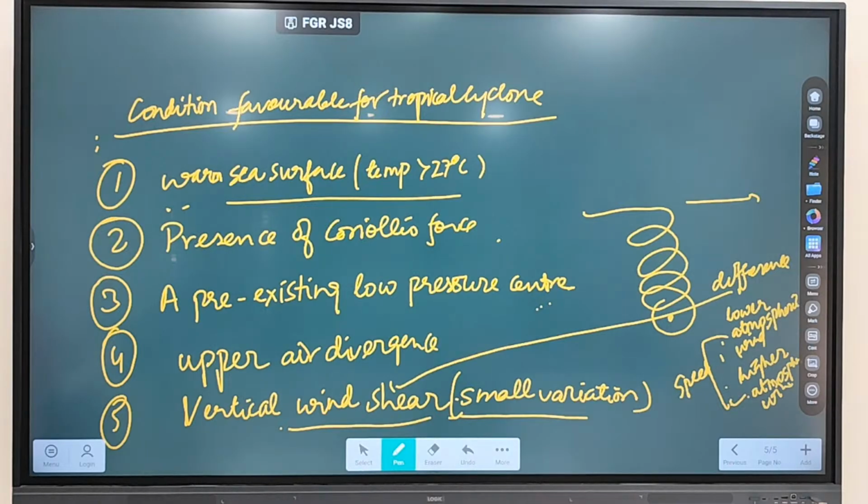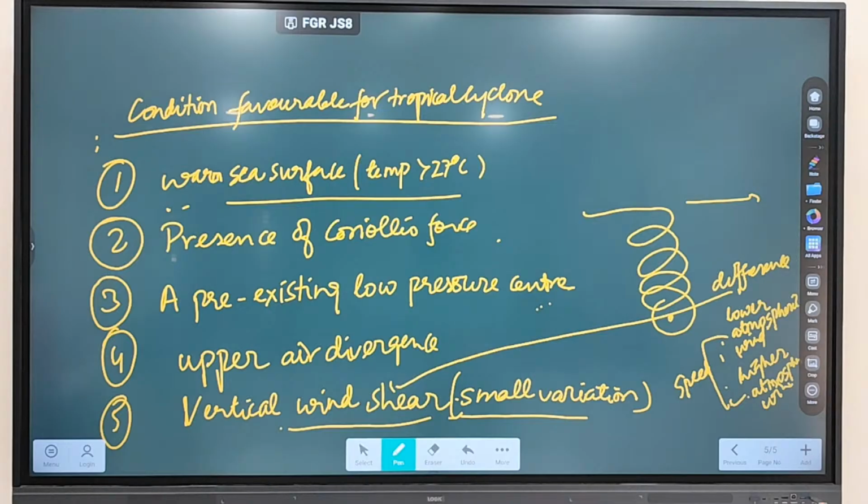Third is which type of force? Frictional force. Where is frictional force more? In the lower atmosphere. We discussed that buildings and other things are there, so they will reduce the speed of the wind. So when frictional force is higher in the lower atmosphere, you will have a reduction in wind speed.